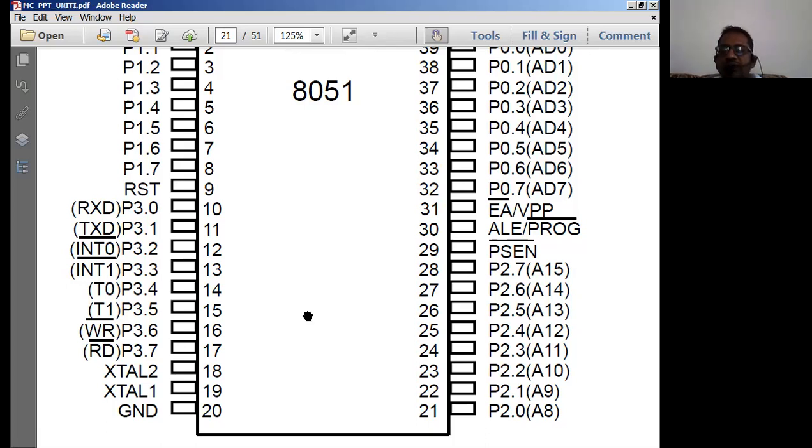The 8051 microcontroller is operated with respect to the clock signal frequency. That means the speed of the 8051 purely depends on the clock signal frequency and the ALU size. In the ALU, the primary register is the accumulator.